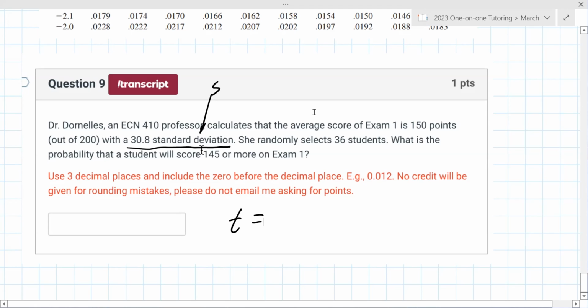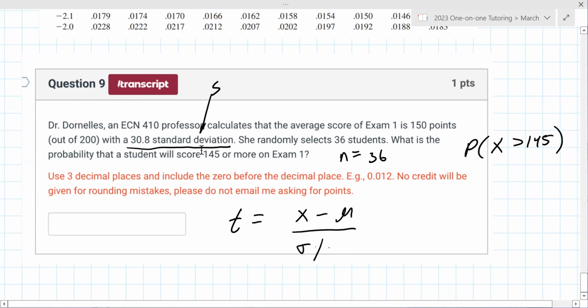It's also the case that typically for T's, you end up rounding to more decimal places for your T score. All right, she randomly selects 36 students, that's N, and they want to know the probability that a student will score 145 or more. So X greater than 145. So your T is X minus mu over S divided by the square root of N. In this case, it's 145 minus 150.